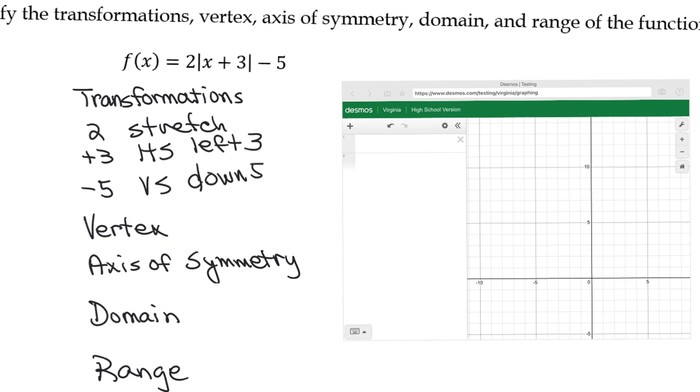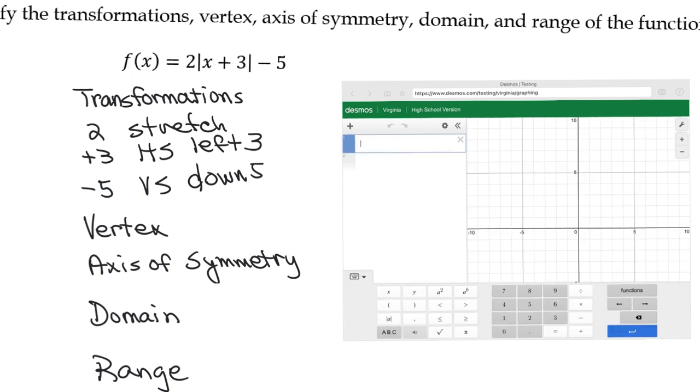All right, to get my vertex, I'm going to type this in. I'm going to have y is equal to 2 times the absolute value of x plus 3 minus 5. And let me move my graph a little bit.